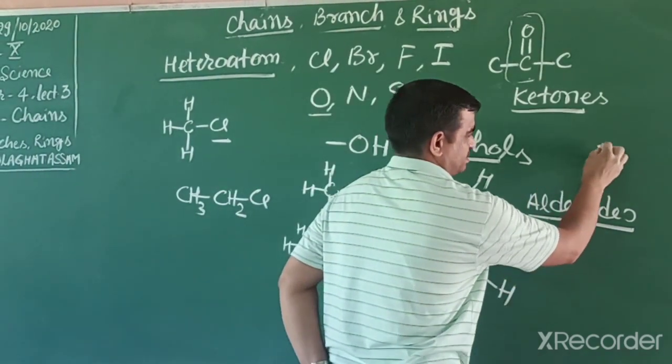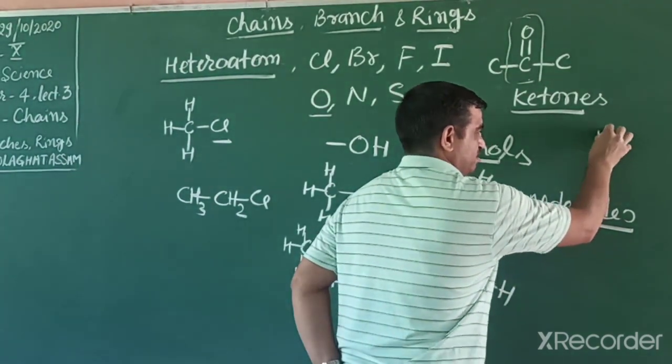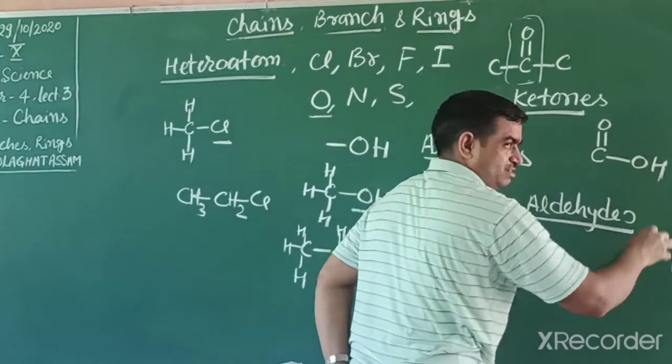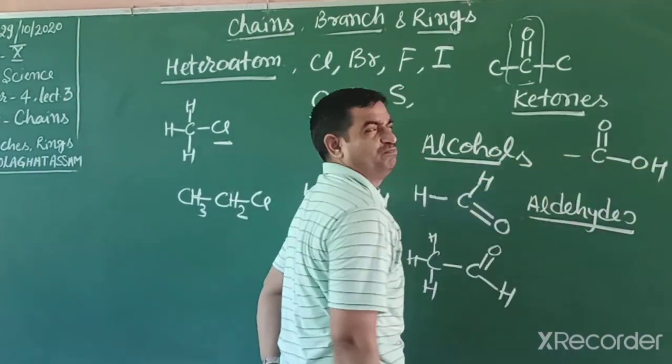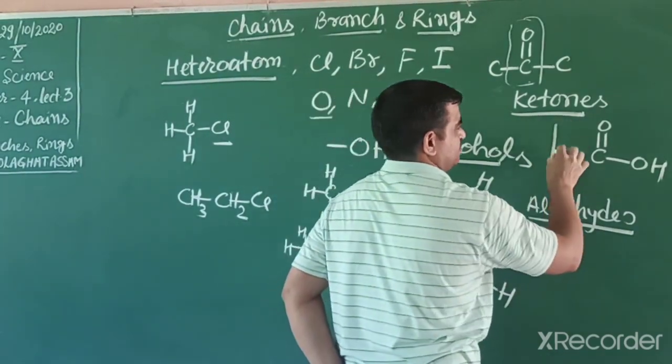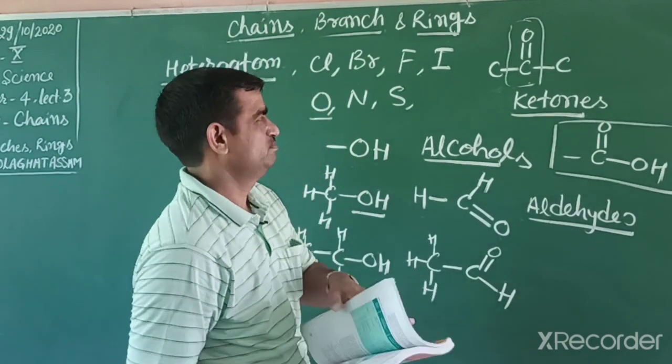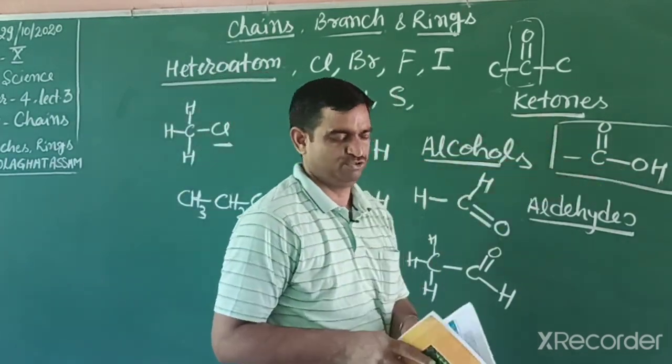If oxygen is attached like this, with 1 double bond and the other OH, then this is a new compound known as carboxylic acid. Carboxylic means a double bond and an OH group.